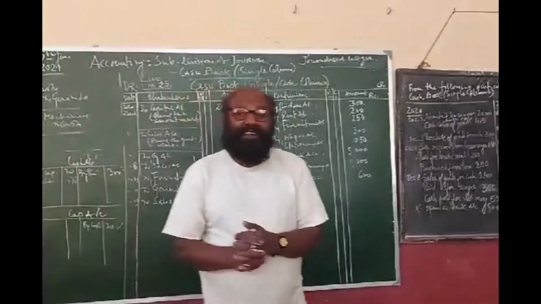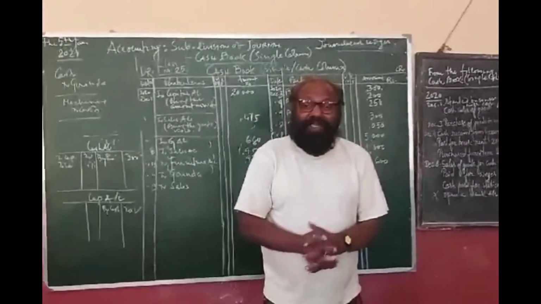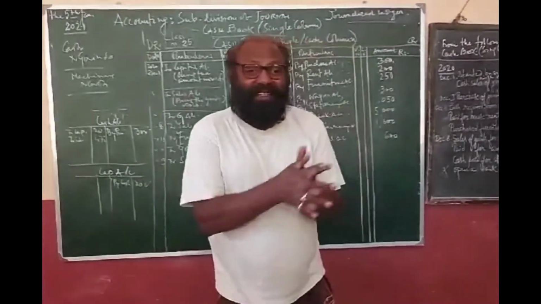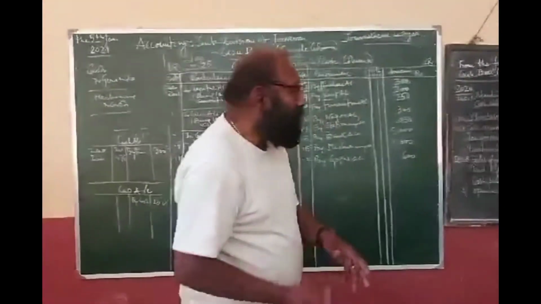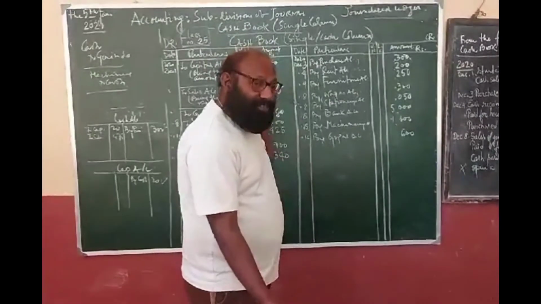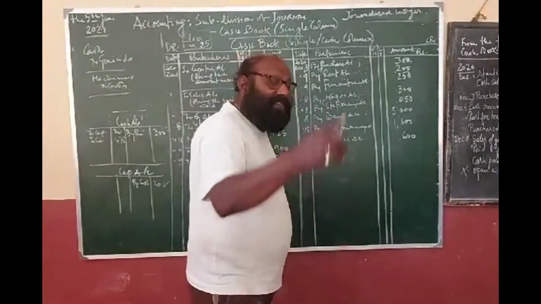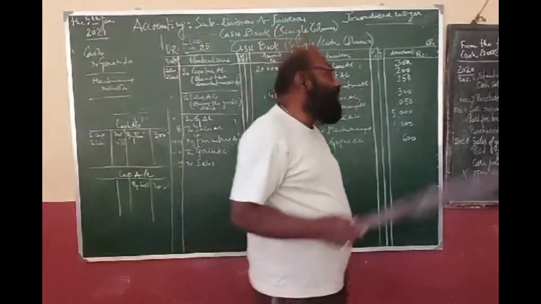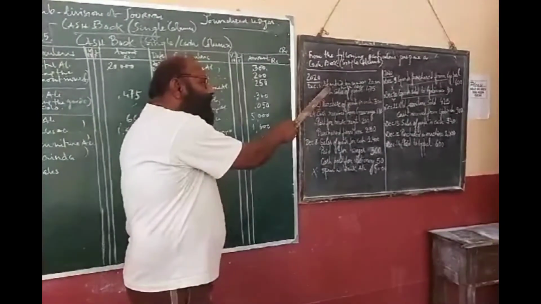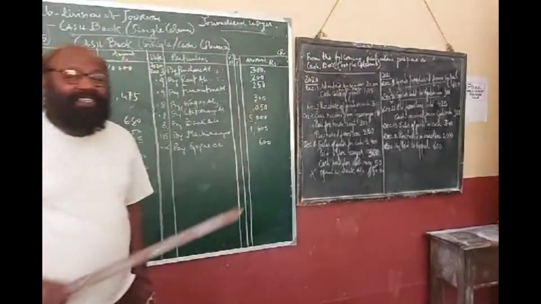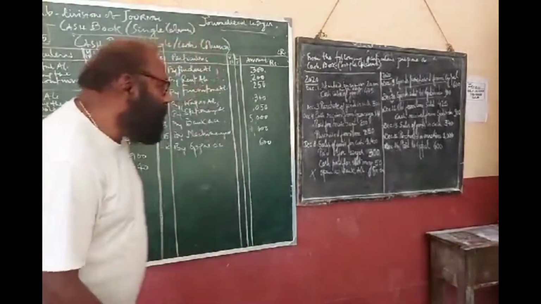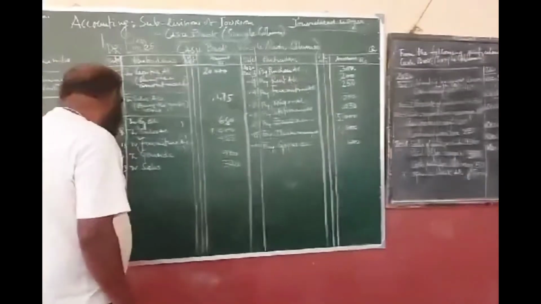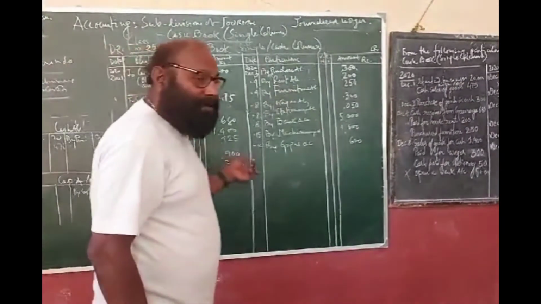Cash book is a form of journal which serves both the purpose, a journal and a ledger. It is a ledger because we record only one aspect of the transaction. As in started business with cash rupees 20,000, cash account debit to capital, we have to open two accounts: one is cash account and the other is capital account. In the capital account we write by cash, and in the cash account we write to capital.